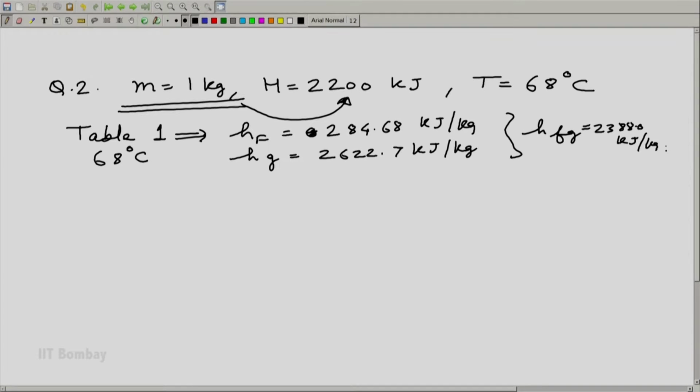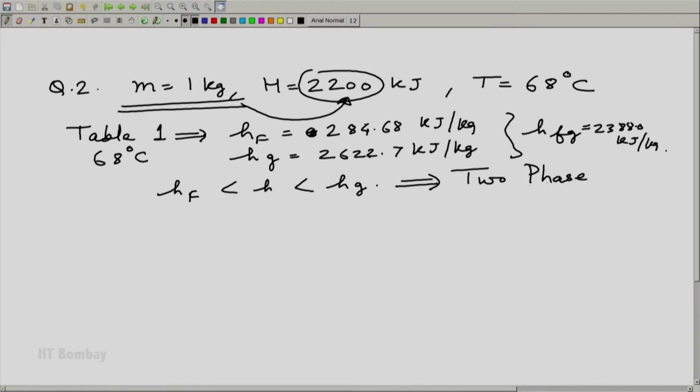It is not very important for us. So what do we see? The value of 2200 is between hf and hg, so hf is less than h less than hg, and therefore we know this is the two phase region. That means we are under the dome again.